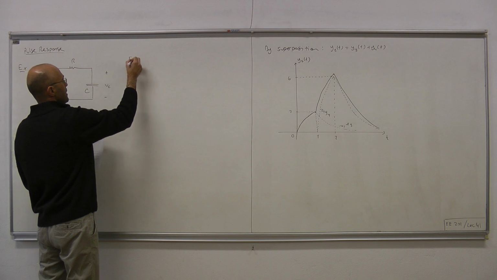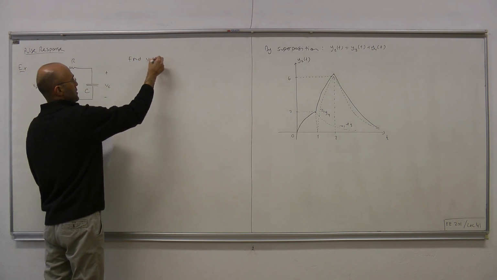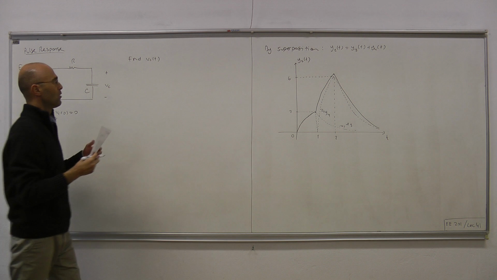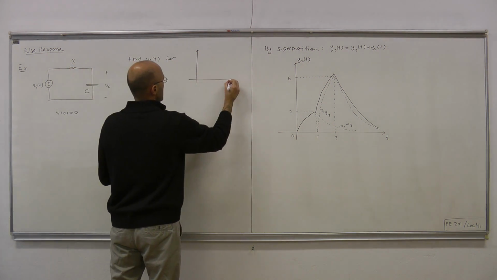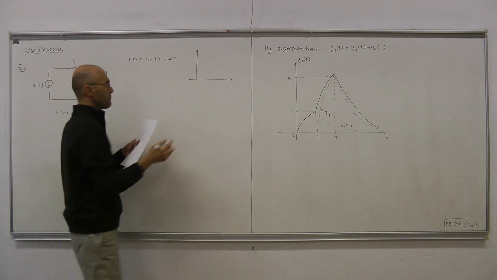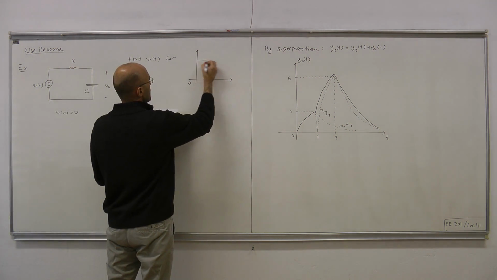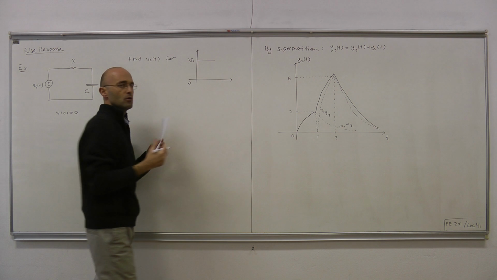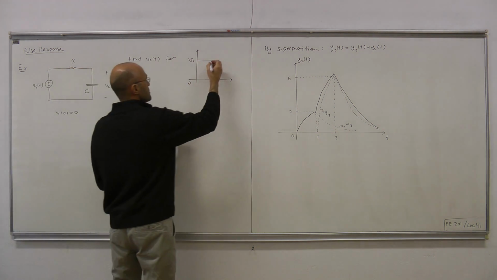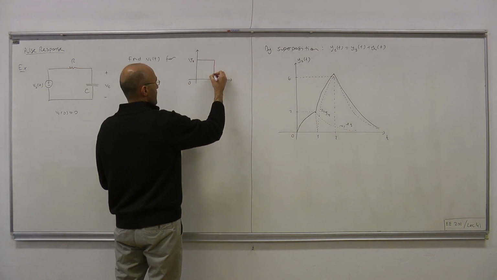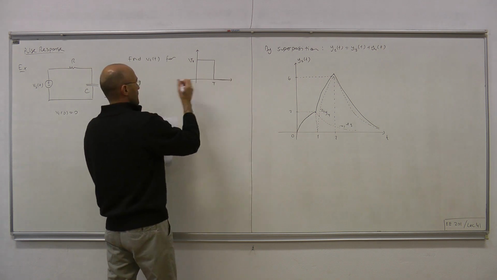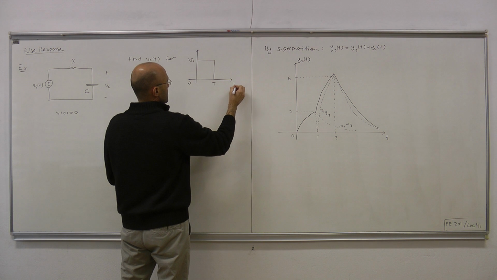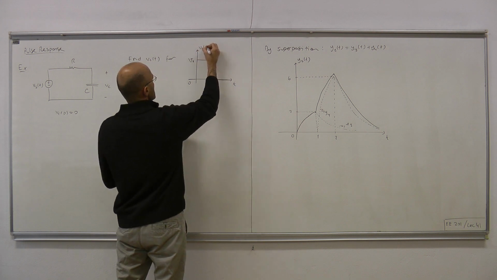So the question is find VC of t for the following input. Okay. It's 0, then constant at some value for a while, and it drops back to 0 at some time. And then from that point on, it's 0. This is t, and this is Vs of t.